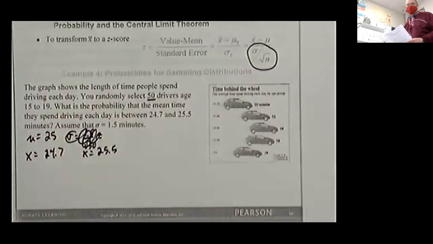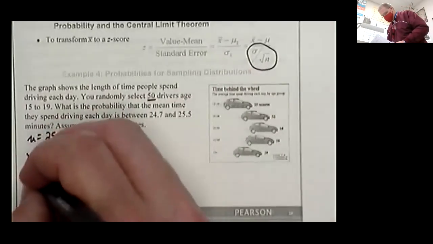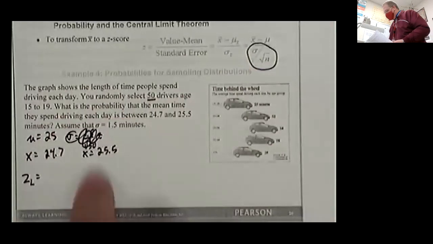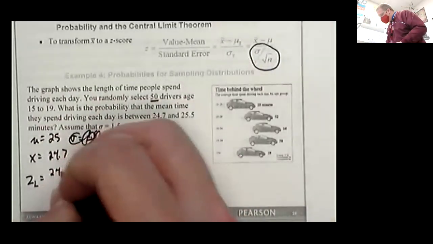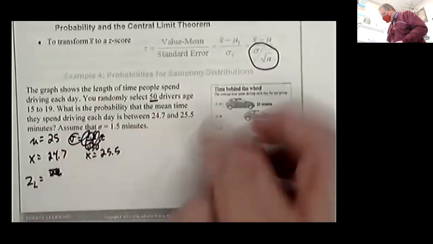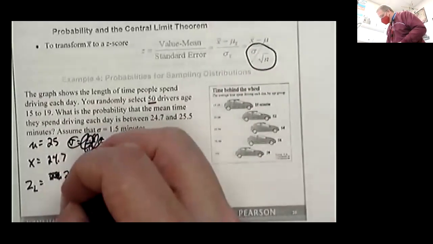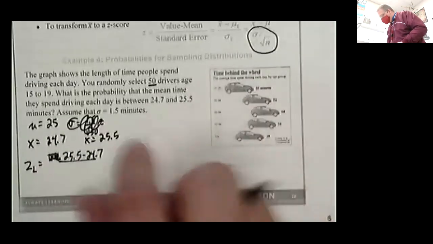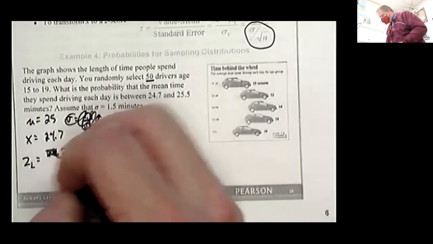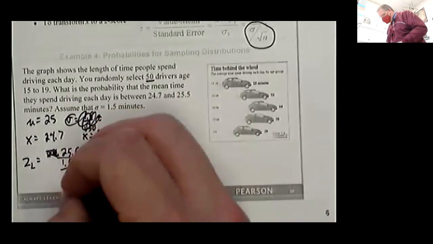Now we're going to go back to the same formula we used in 5.2. And we're going to say our z, and I'm going to call this the z left score, is our x minus mu. So that's our average goes first. 24.7 minus 25 divided by sigma. Our sigma was 1.5 divided by square root of 50.